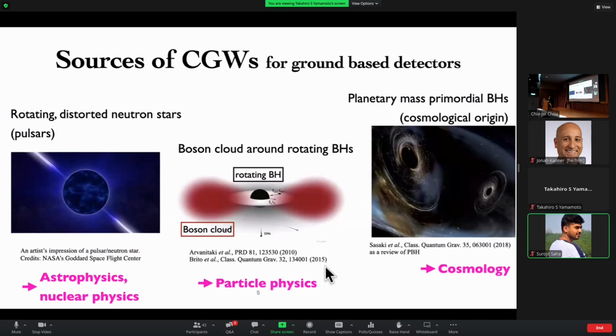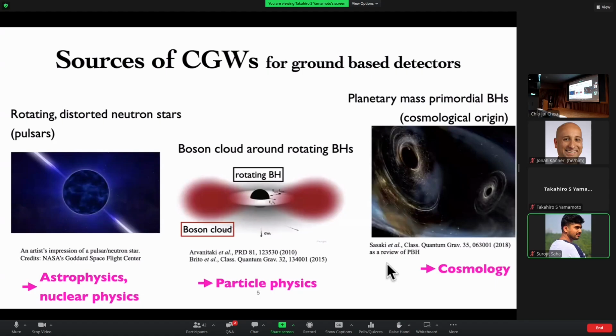If there are ultralight bosons, they will extract energy from the black holes, and form some condensation, and it will emit gravitational waves by pair annihilation or something, and it will be detected as continuous waves. And if we detect such a gravitational wave from a boson cloud, it's nothing but the discovery of the ultralight bosons, so it will have a huge impact on particle physics.